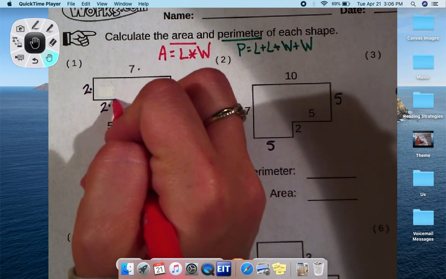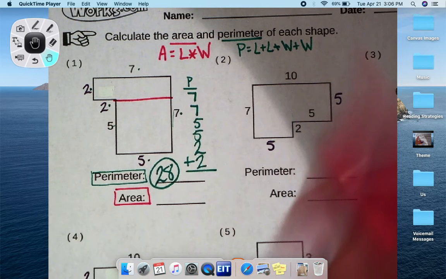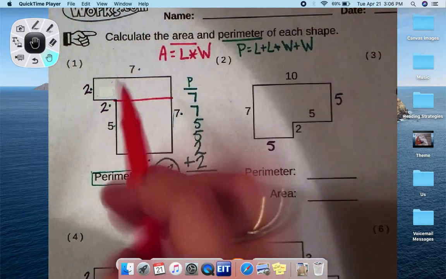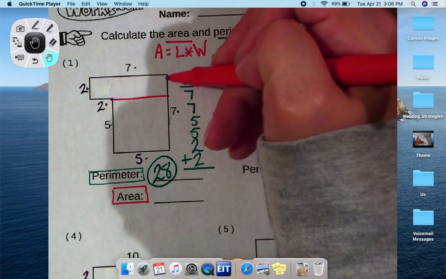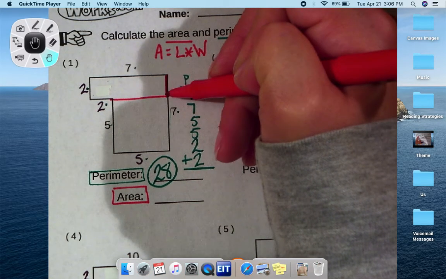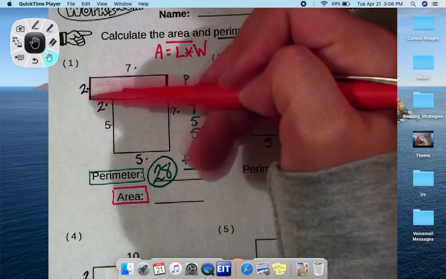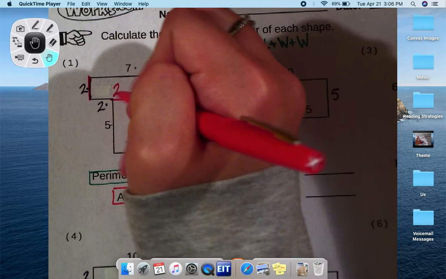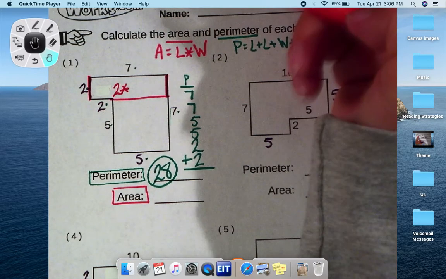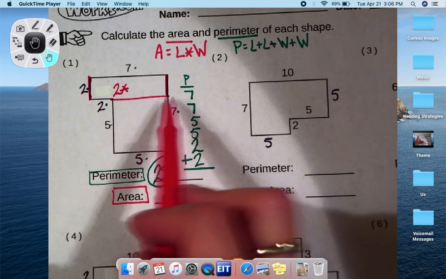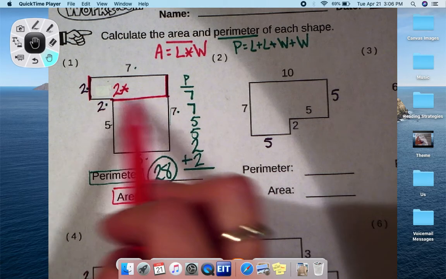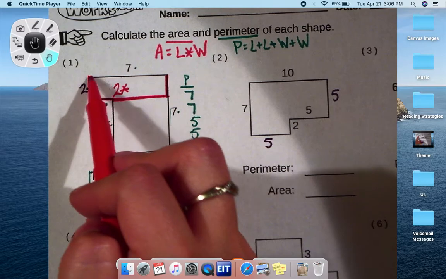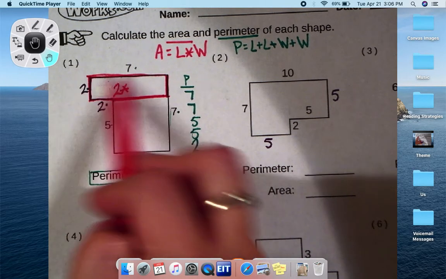If I cut it across right here, then this side would be equal to this side. So I would have 2 times... Now, I don't just want this section, I want all the way across. It has to be equal to all of this section.